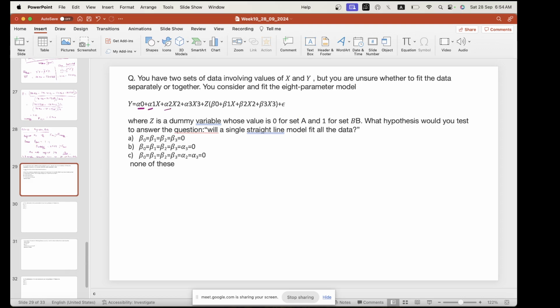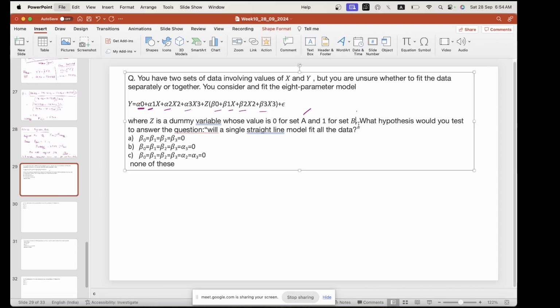Alpha naught, alpha 1, alpha 2, alpha 3, again beta naught, beta 1, beta 2, beta 3, where z is a dummy variable, which is 0 for set A and 1 for set B. So what hypothesis would you test to answer this question? Will a single straight line model fit all the data?